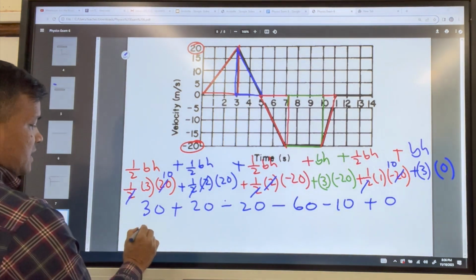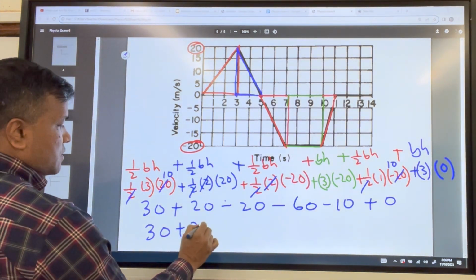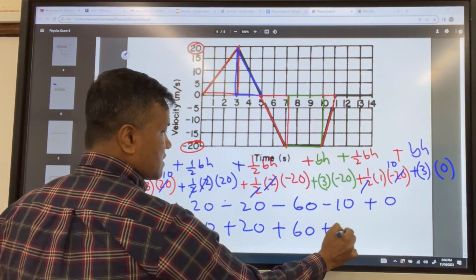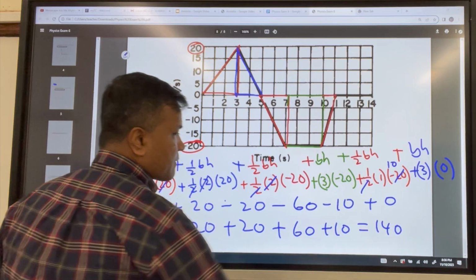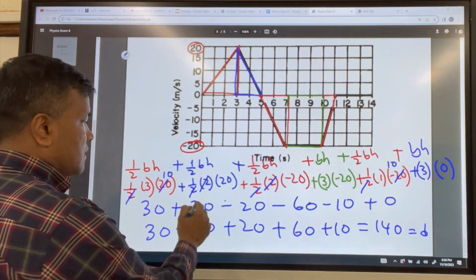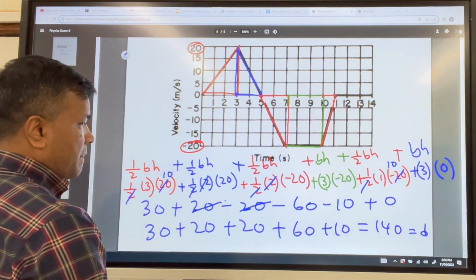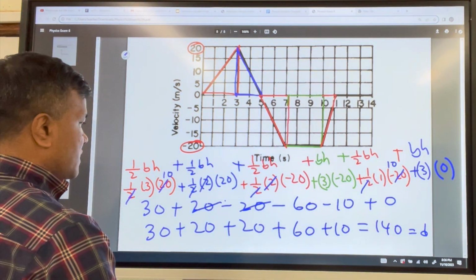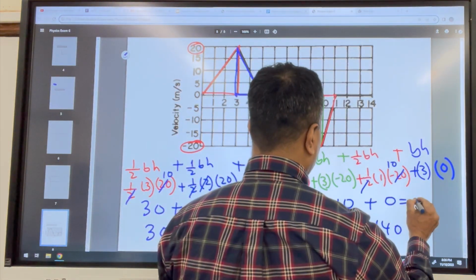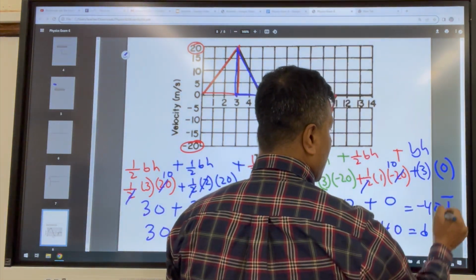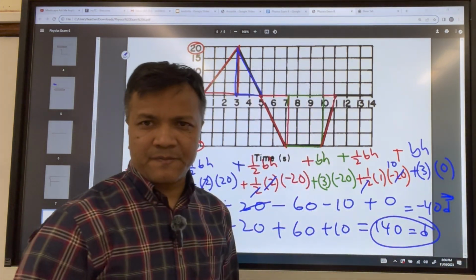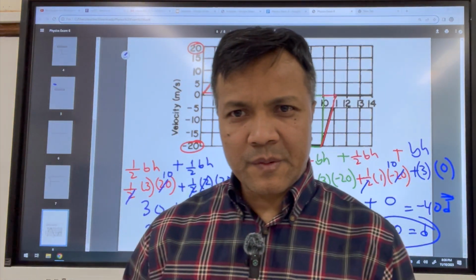So you have to take the absolute values: 30 plus 20 plus 20 plus 60 plus 10, 140, and that is the distance. And for the displacement, this cancels, so negative 70, so displacement would be negative 40. But I asked you for the distance, not displacement. That was exam number 6.